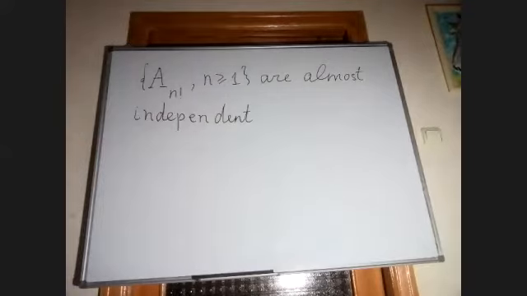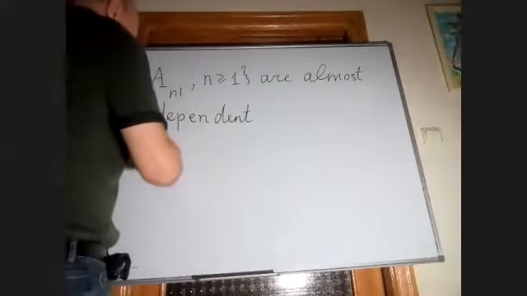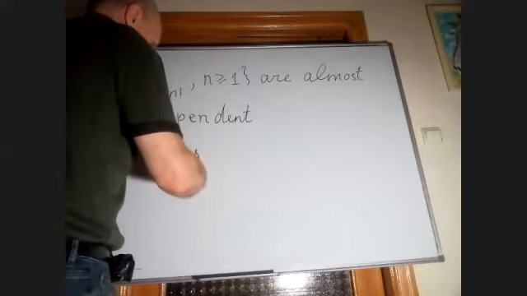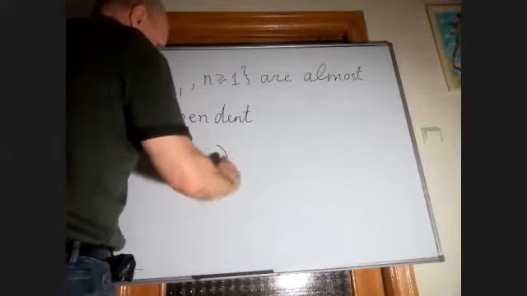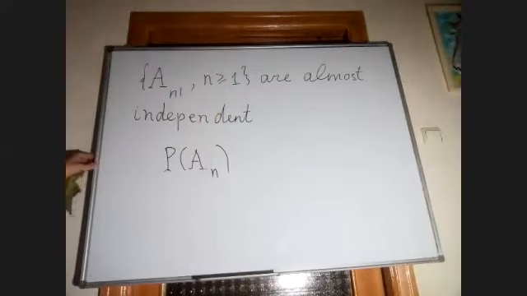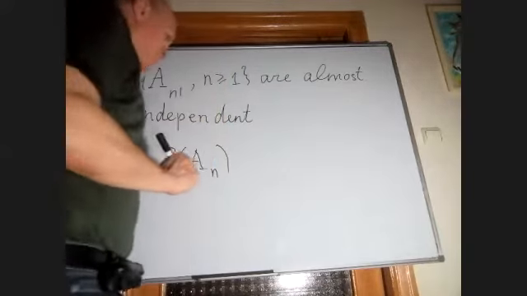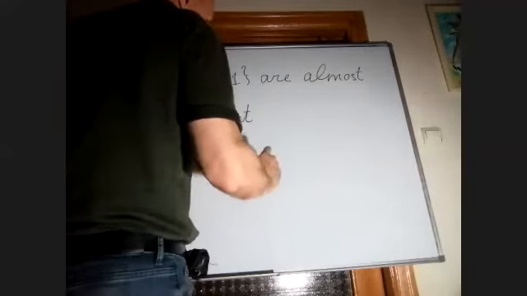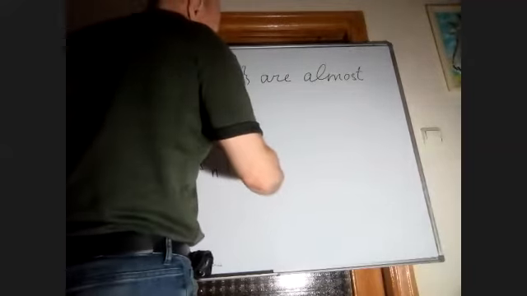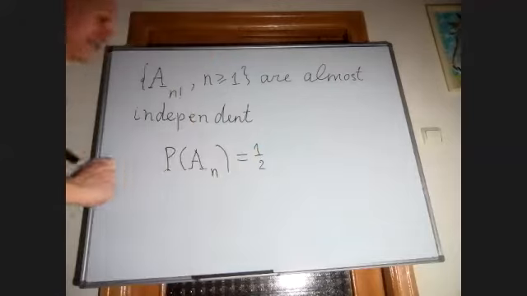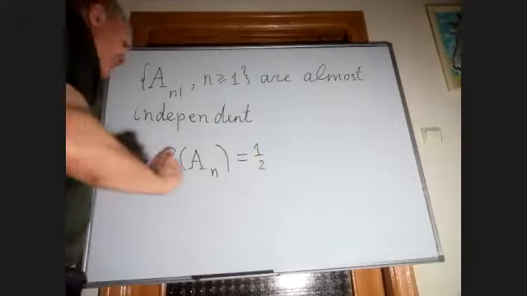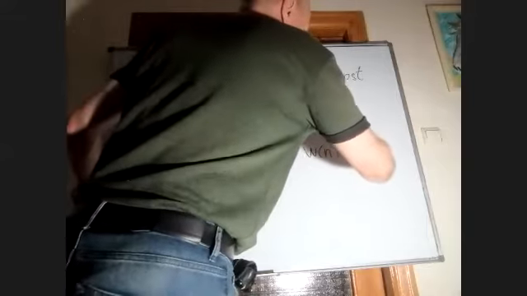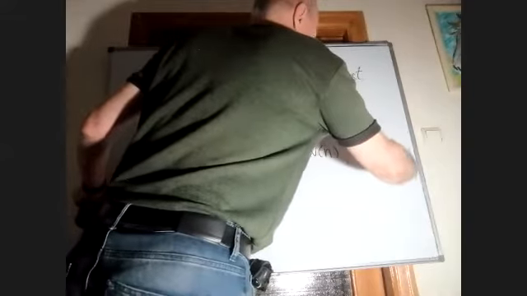Now let us see that the probability of A_{n!}, probability of A_n, is equal to 1/2 because of the symmetry of the distribution of W_{n+1}. I think.